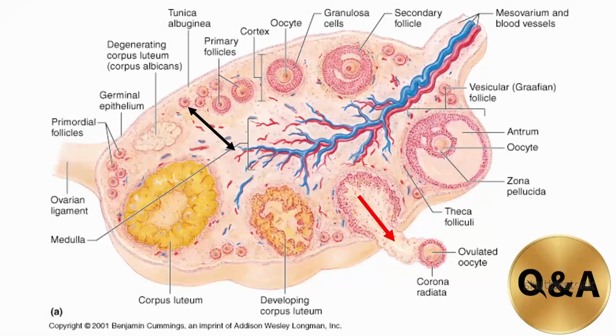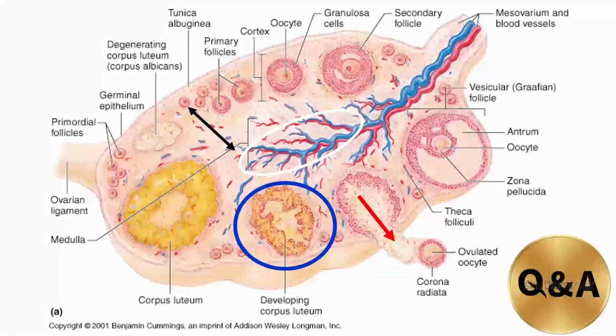In fact, they have started secreting hormones much earlier than this event, and it becomes functional, and this is what is called developing corpus luteum. This is what remains of the granulosa cells.